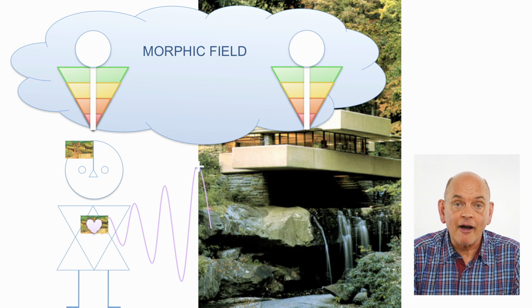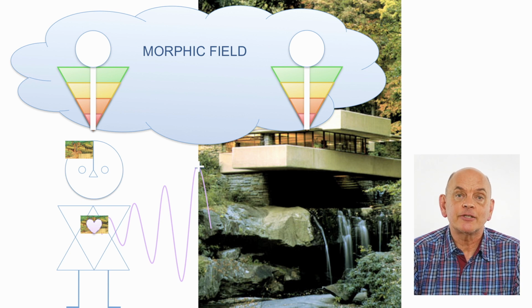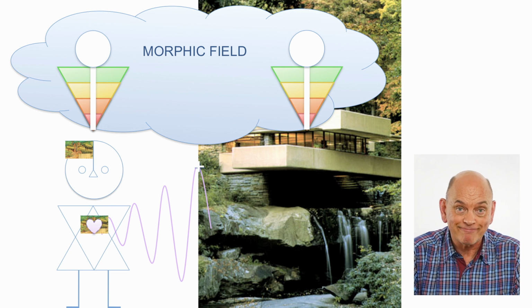These fields are everywhere. That's another conclusion of this theory. All morphic fields from all animals, all organisms, all systems on planet Earth are present in your room at this moment. Isn't that an incredible thought?